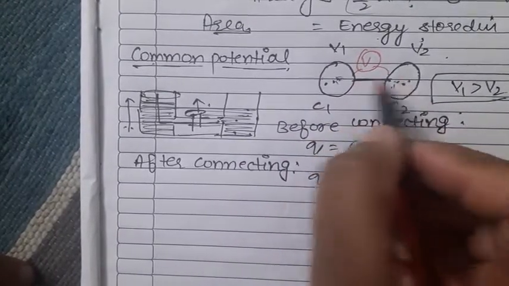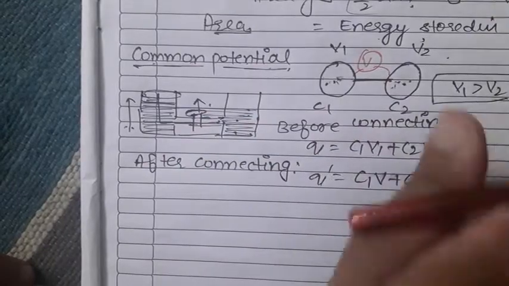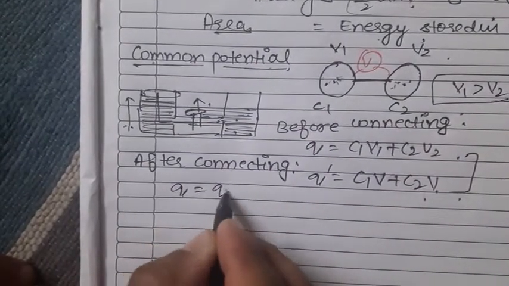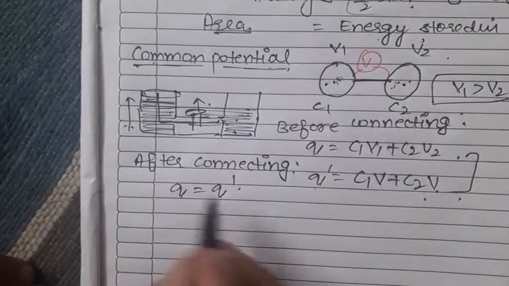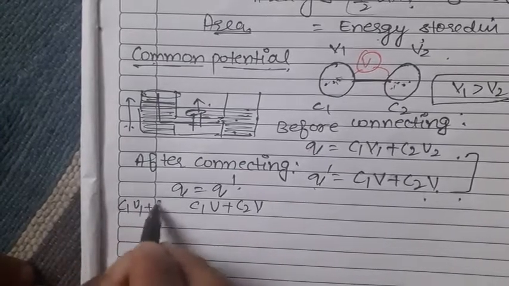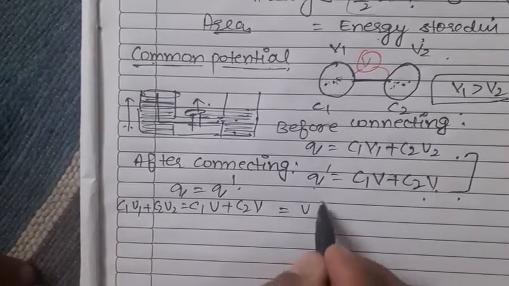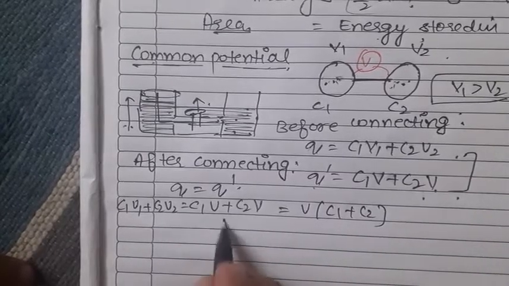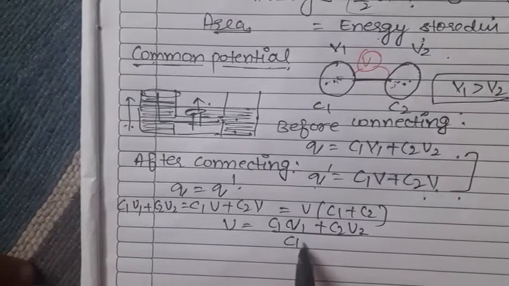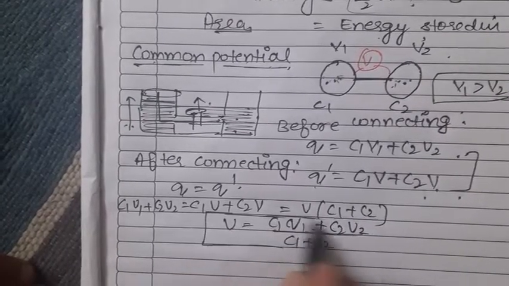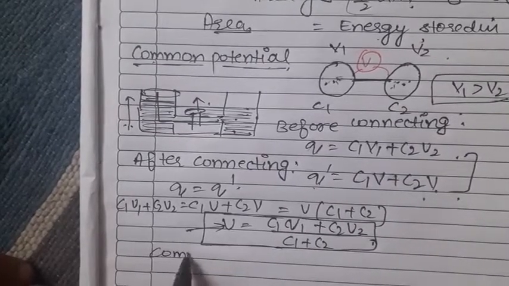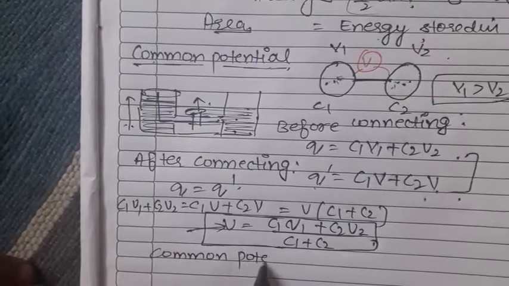Once these two conductors attain common potential, there is no transfer of charge. According to conservation of charge, charge can neither be created nor destroyed, so these two must be the same. It means C1V plus C2V equals C1V1 plus C2V2. Take V common, inside you get C1 plus C2. So V comes out to be (C1V1 plus C2V2) divided by (C1 plus C2). This V is called the common potential.